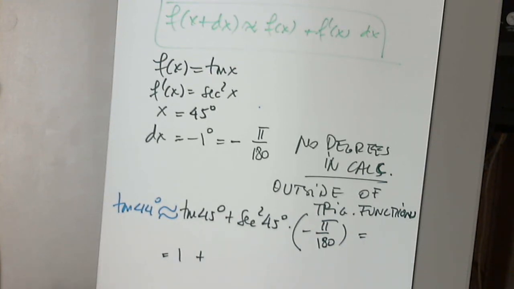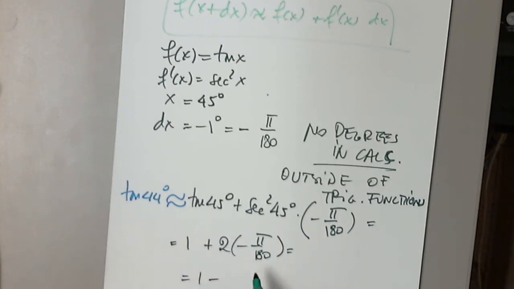Do we remember secant of 45? Yes, but it's squared. So it's 2, right? Because it would have been 1 over the square root of 2, cosine, and then we flip that. So this is 2 times negative pi over 180. So this is 1 minus pi over 90, or 90 minus pi over 90.